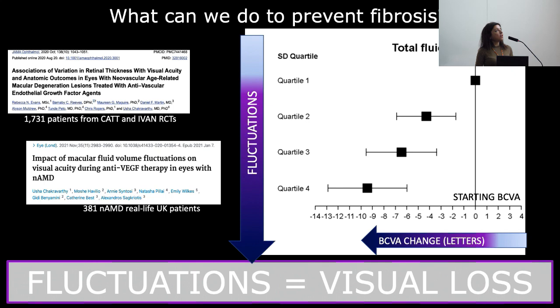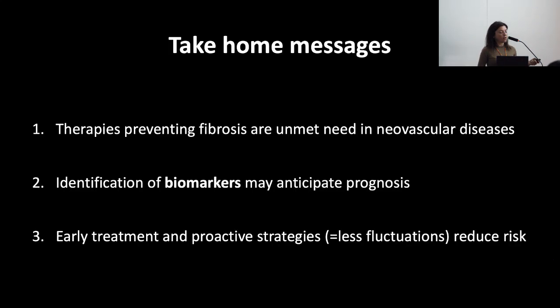And this also translated into a higher risk of losing vision during the treatment. So fluctuation means visual loss over time. In conclusion, the take-home message from this presentation is that we still do not have a preventive treatment for fibrosis. This is still an important unmet need in medical retina.